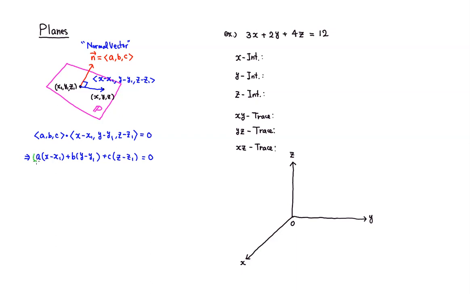So we distribute the a to both terms and get ax minus ax1, plus by minus by1, and we distribute c to get cz minus cz1, which is equal to 0.